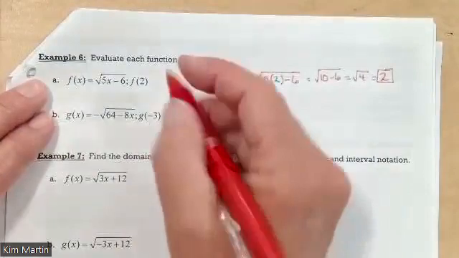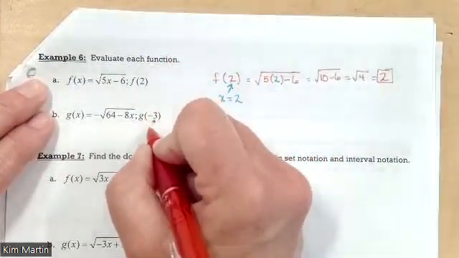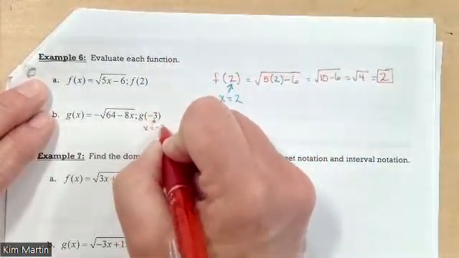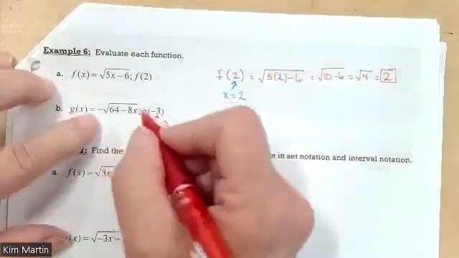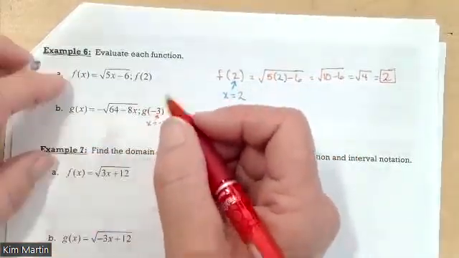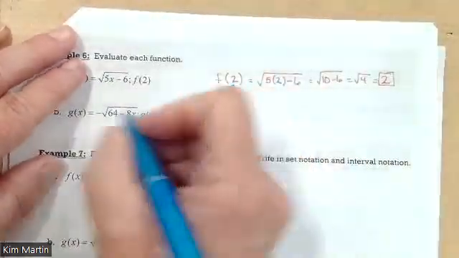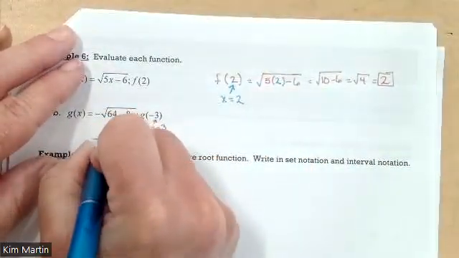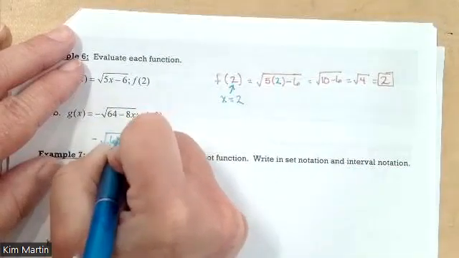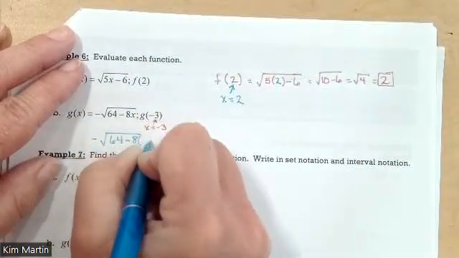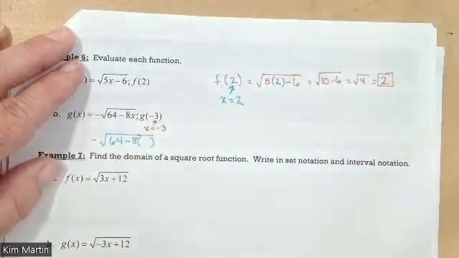Now it's telling us that x is negative 3. So I'm going to take out my x and put in a negative 3. So I'm going to have negative square root of 64 minus 8 times a negative 3.